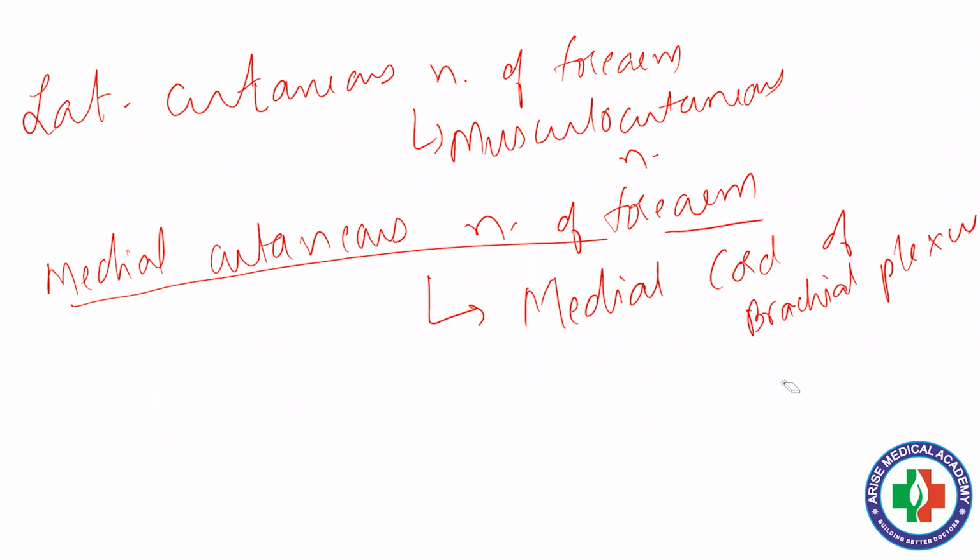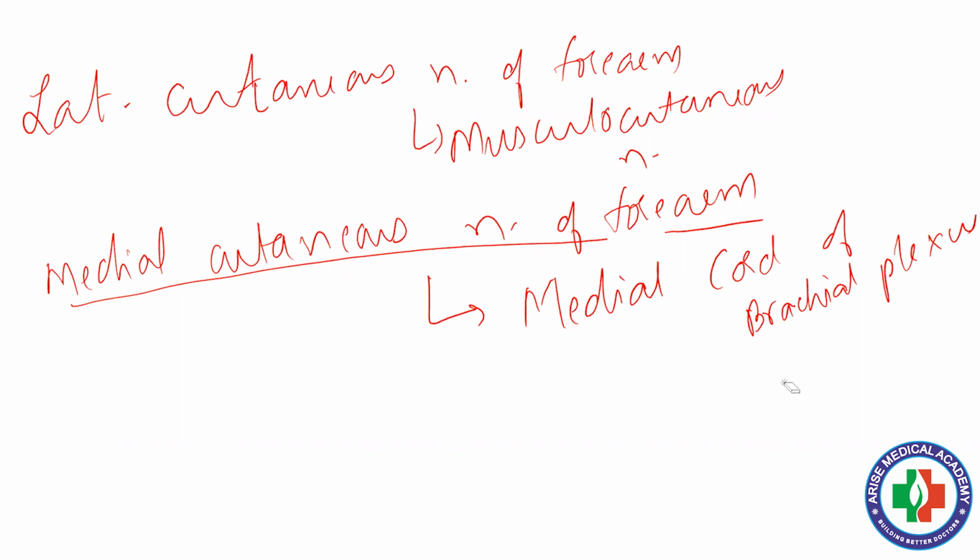Dorsal scapular nerve supplying the muscles on the dorsal aspect of the scapula, that is your levator scapulae, rhomboid major and rhomboid minor. All the images that I'm showing you will be given to you in the PDF format in the groups and all, need not worry about it. Then long thoracic nerve, right? Serratus anterior, winging of scapula. Okay, image based question, important to understand.